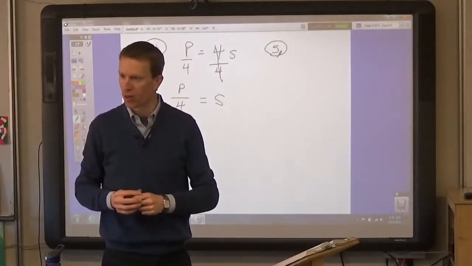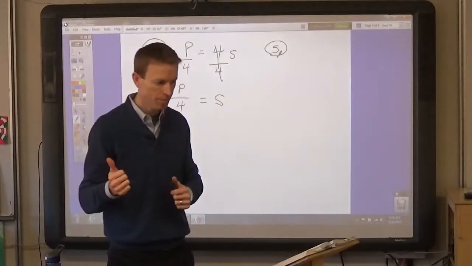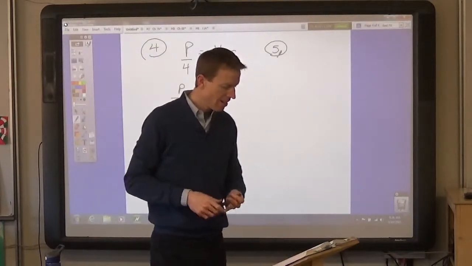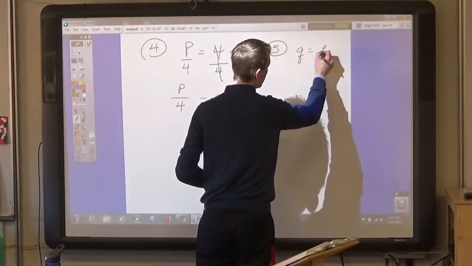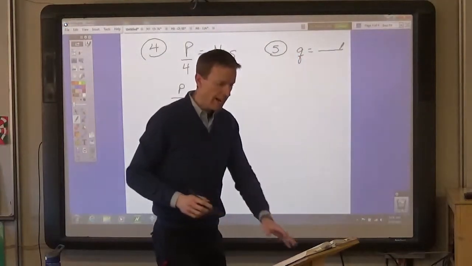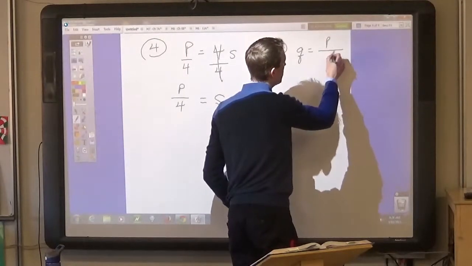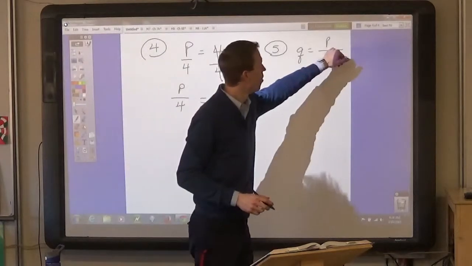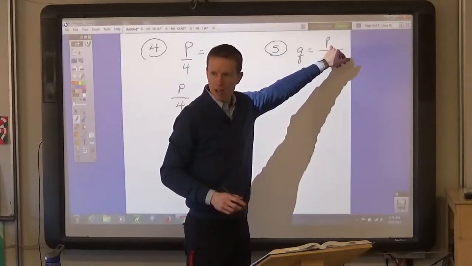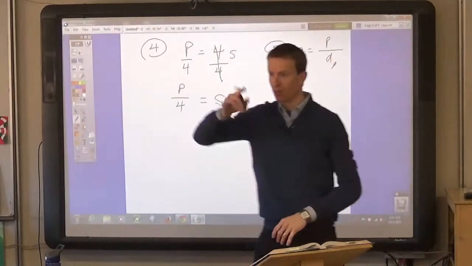Multiplying by 1/4 and dividing by 4 are the same thing, aren't they? Yep. Okay. Now, if we have the division, if we have it as P over D, then how do we solve for one of the numbers? With fractions, you have to do what?